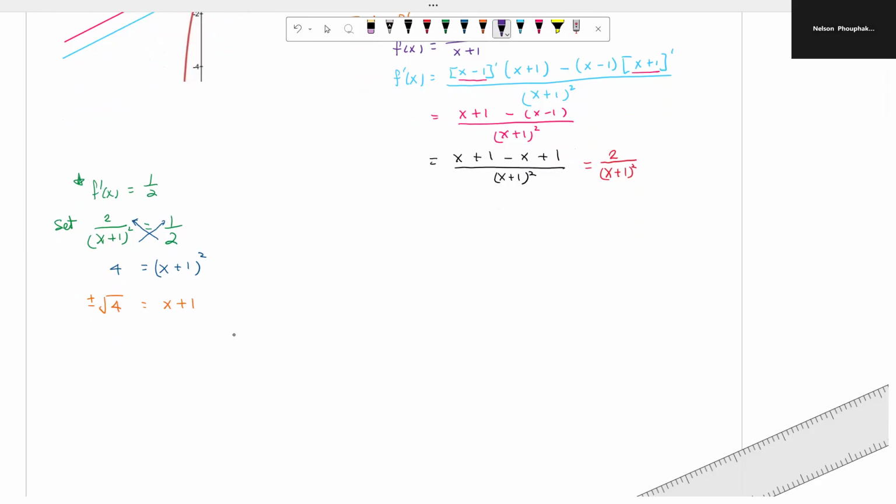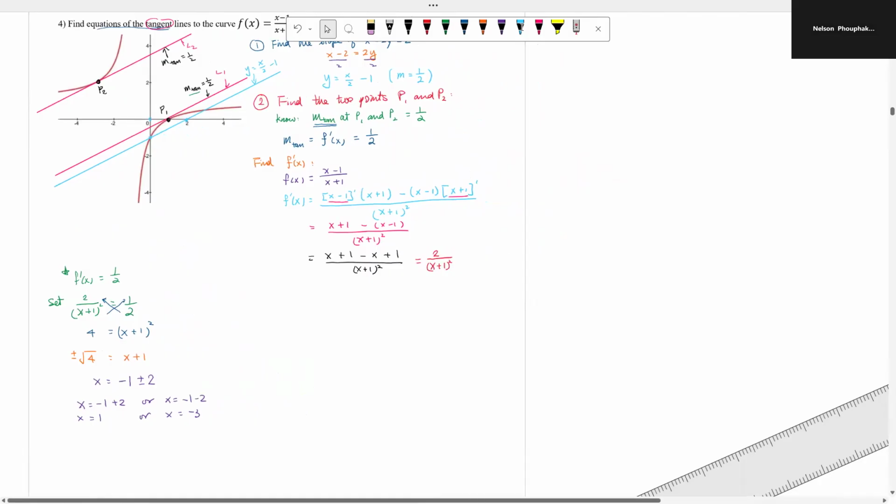Now I could solve for x, where we add -1 to both sides. So in this case, I have x equal to -1 plus 2, or x equal to -1 minus 2. So x is equal to 1, or x is equal to -3.